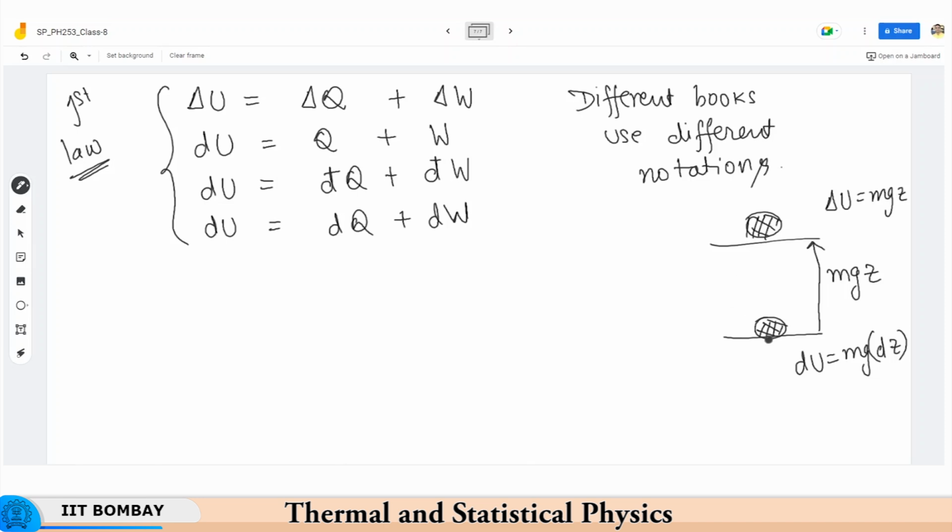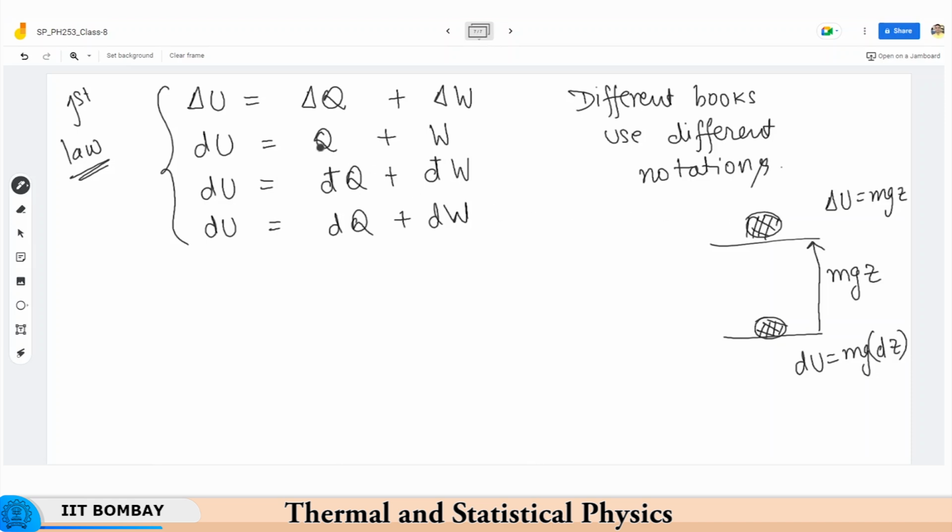Either I can just pick this ball and keep it here simply, or I can pick it, toss it around, throw it out of the window, take it back to the room, and keep it here. What will not change is the delta U or dU, because that is just a function of dz. But the amount of work that I have done to move this can be anything. I can either keep it like this, or toss it around and keep it like this, in which case the work done will be very different.